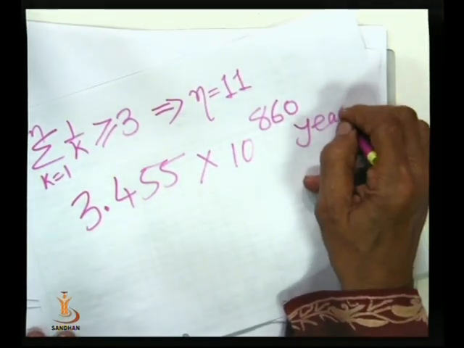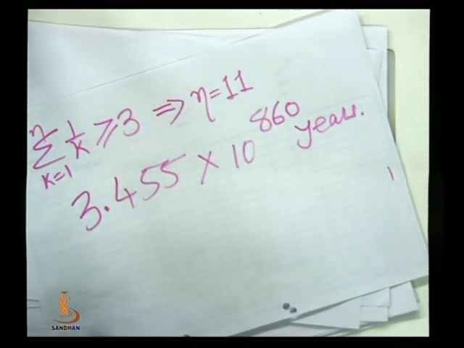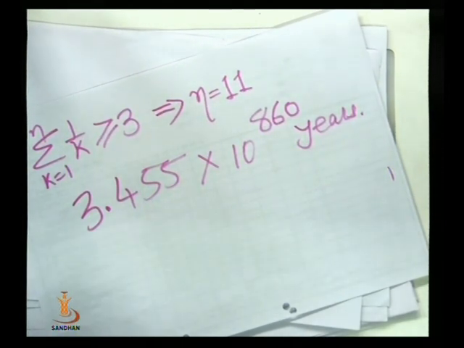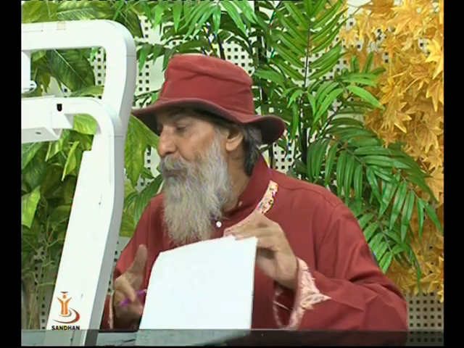You need years, means almost the life of the earth, to cross over 1 mile. So this is how the harmonic series plays a very vital and important role, though it diverges, it diverges very, very slowly.